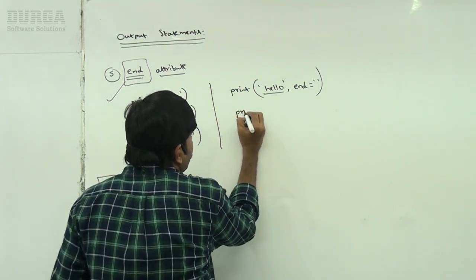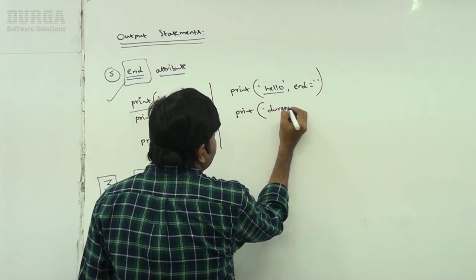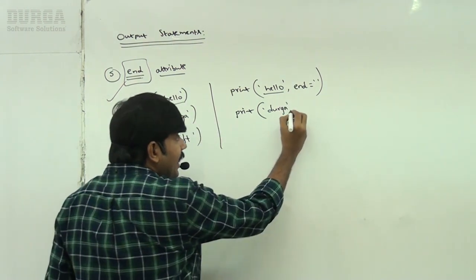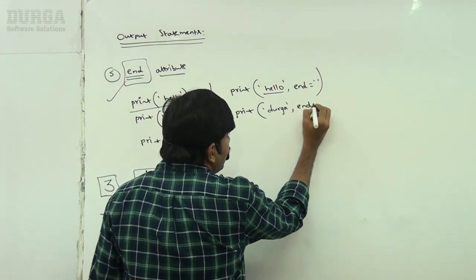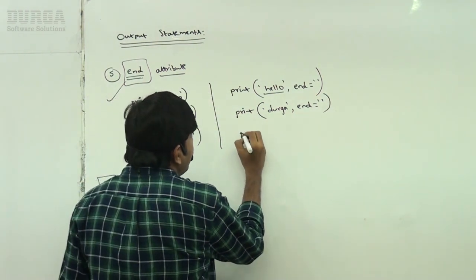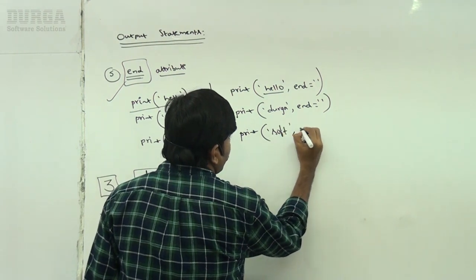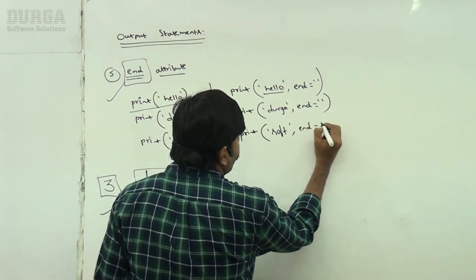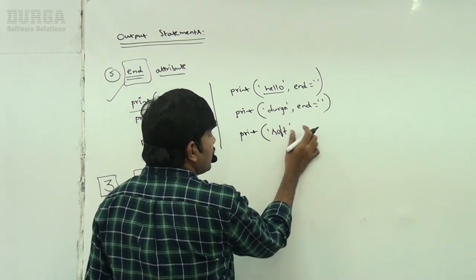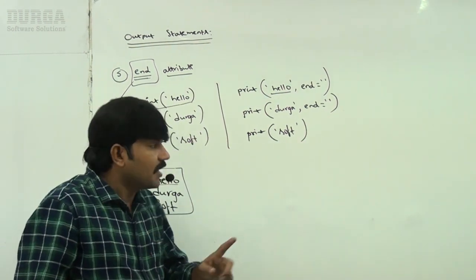Now print of Durga. Again after printing Durga, don't take a new line character. Now print of soft I am taking, here no end is required.